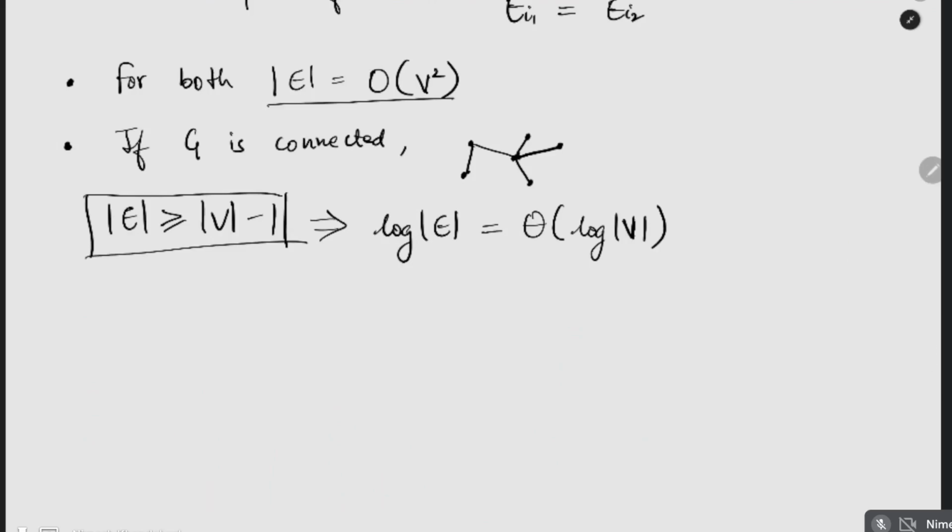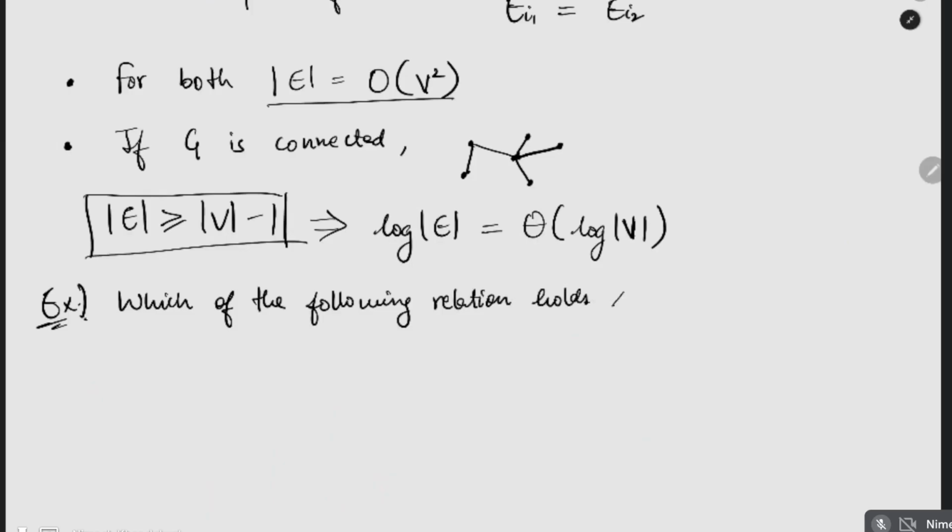So let's take an example here. Which of the following relations holds for a connected graph with no cycles?